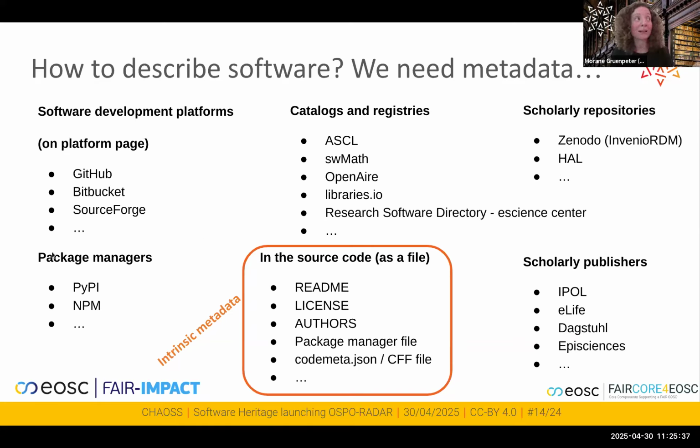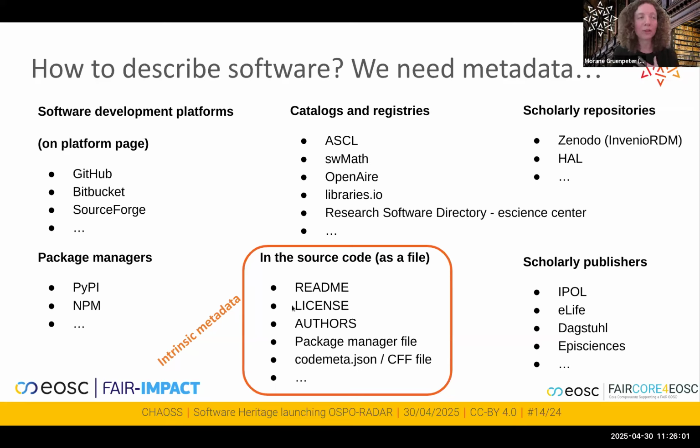There are also metadata available from package managers and from the forge itself. So on the code repository, there might be additional metadata that's not in the code. And you have, of course, the catalogs and registries that have additional metadata that can be added. All of these metadata that I've just said are extrinsic metadata.